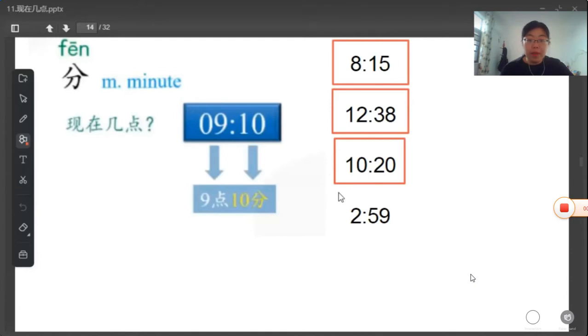How about the last one? 2点59分. Yes, it's right. How about another form? 2点59. Oh, very good.